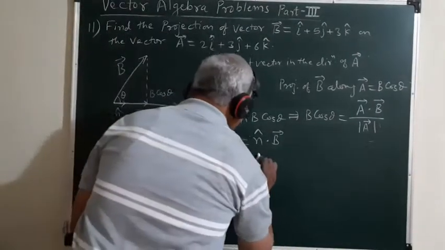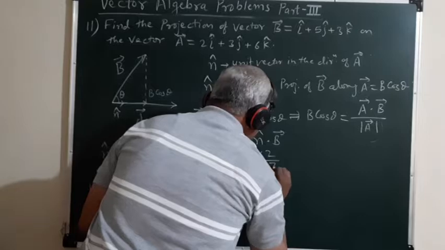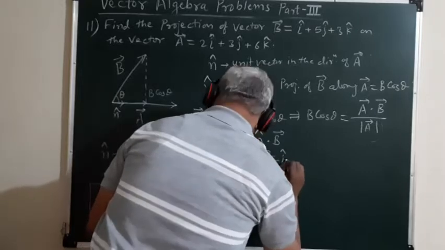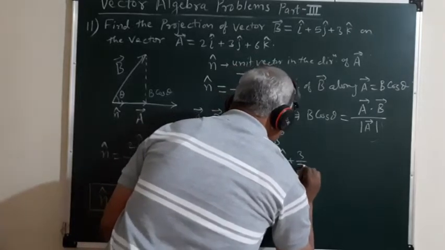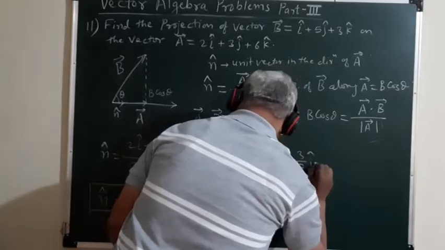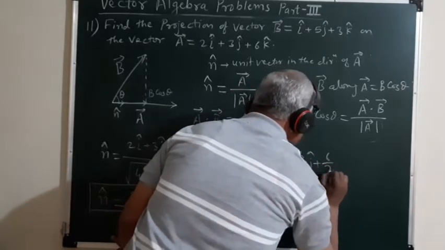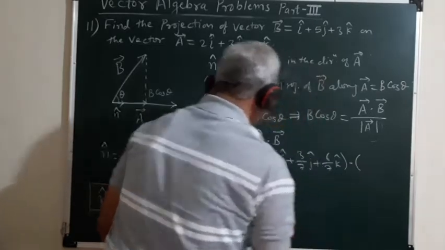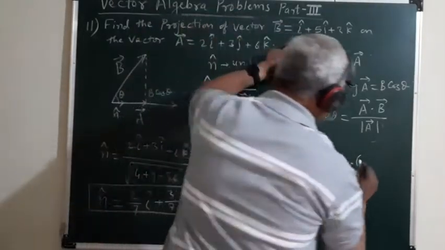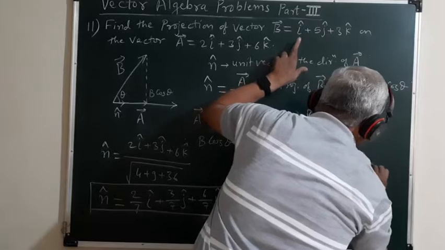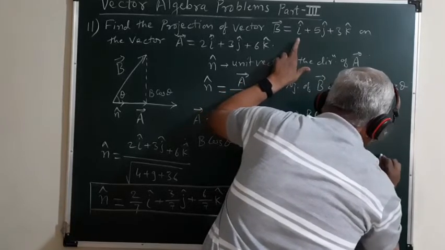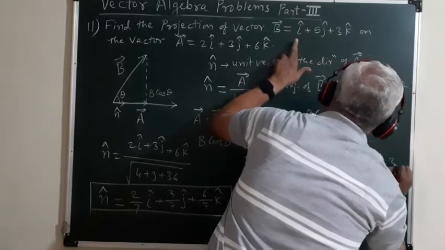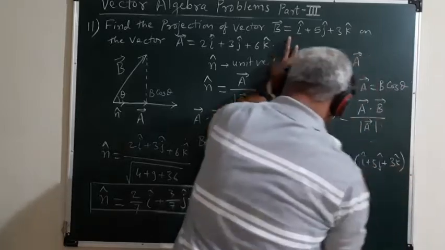So this is equal to 2 by 7 i cap plus 3 by 7 j cap plus 6 by 7 k cap dot b bar, which is i cap plus 5j cap plus 3k cap.